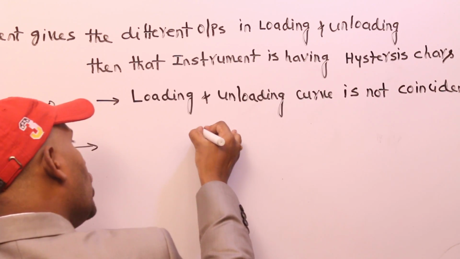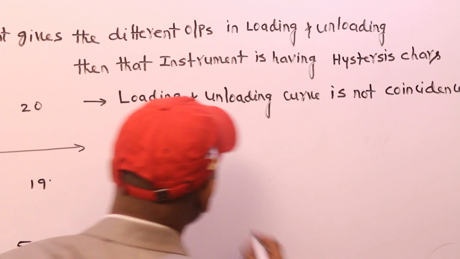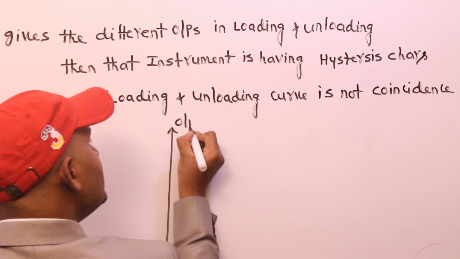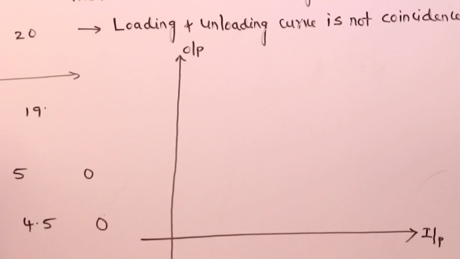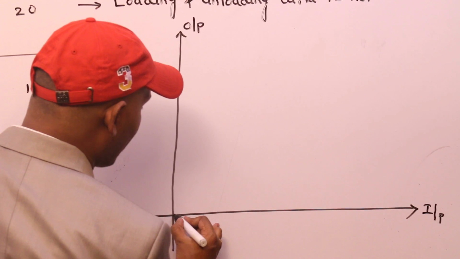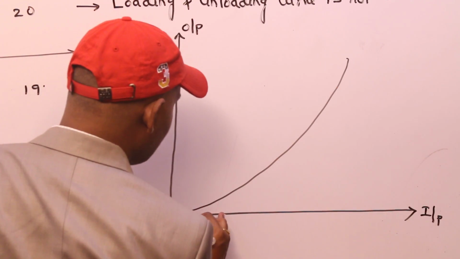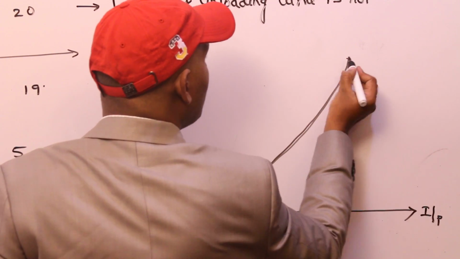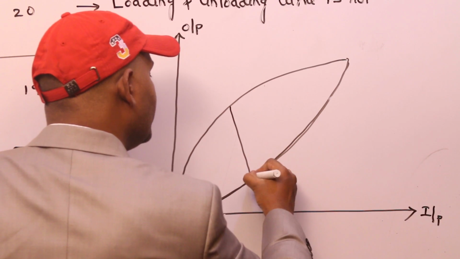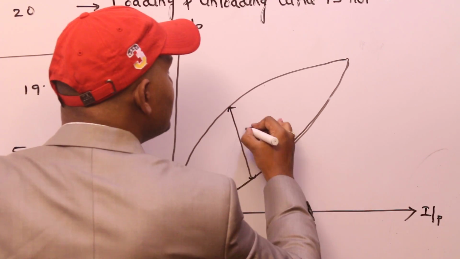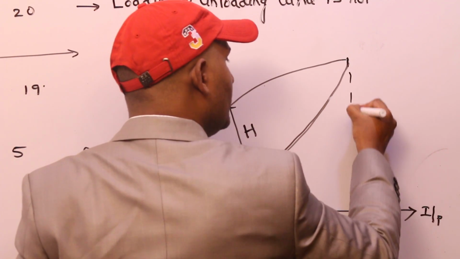If you draw the input and output characteristics during loading and unloading, with output on this axis and input on this axis, then an instrument with hysteresis characteristics gives curves like this. Let this be the loading curve and this the unloading curve. Then we can say that this instrument has hysteresis characteristics.